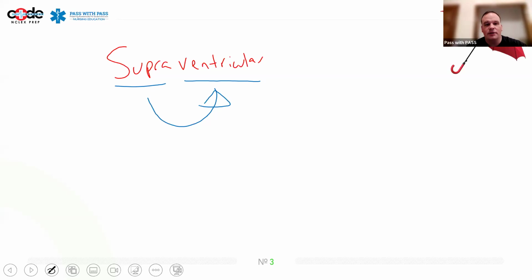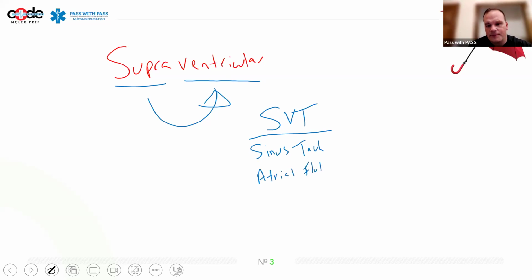All right. So supraventricular tachycardia, or SVT, is really a collection of rhythms. So it could be sinus tach. It could be atrial flutter. Could be junctional tach.